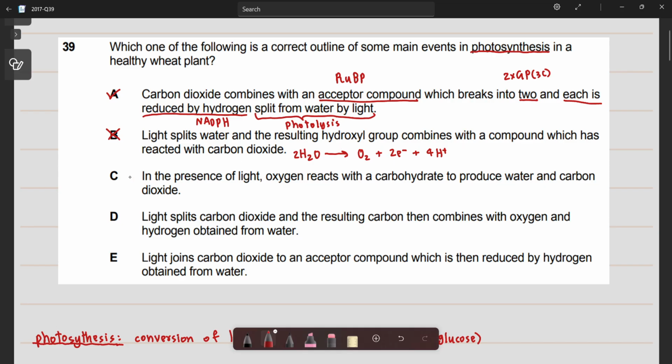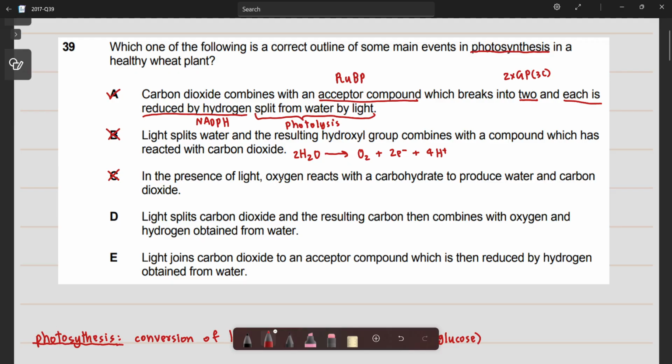Now option C. In the presence of light, oxygen reacts with carbohydrate to produce water and carbon dioxide. This one is also wrong. In the presence of light, oxygen reacts with carbohydrate, that's completely irrelevant. This statement is trying to explain the light dependent reaction, which is photophosphorylation.